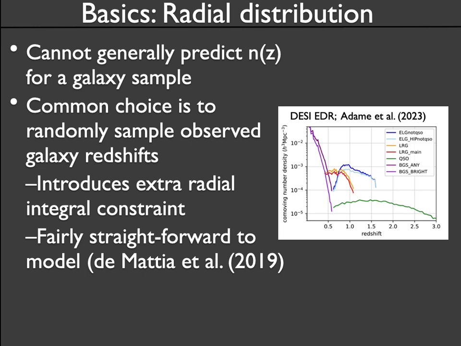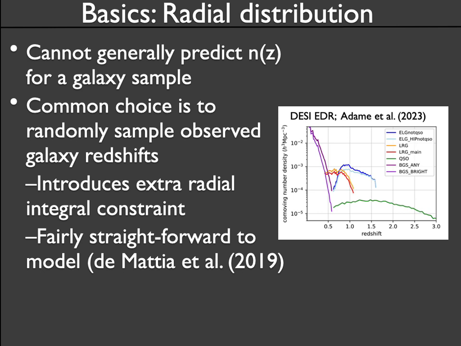Because it's exactly the same, that introduces an extra integral constraint, a radial integral constraint. But that's something that we can fairly straightforwardly introduce into any of our modeling, and therefore account for, at the cost of losing a small amount of signal.